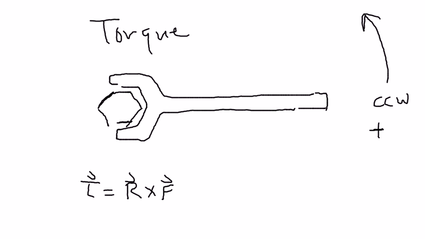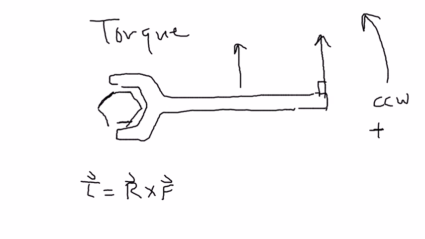Now to do that, I can pull on this wrench with a force. So let's look at a couple different options. One force might be out at the very end and would be pulling at a right angle. Another option would be to pull somewhere in the middle and still at a right angle.